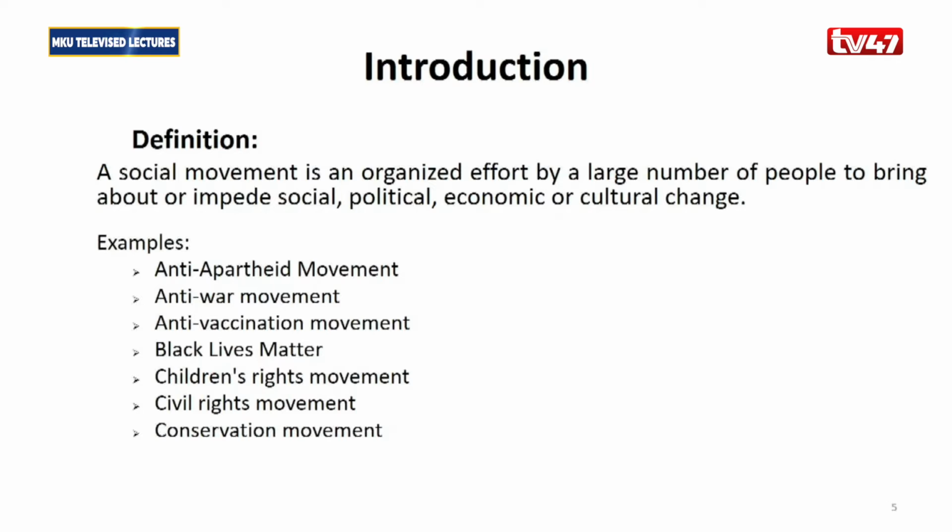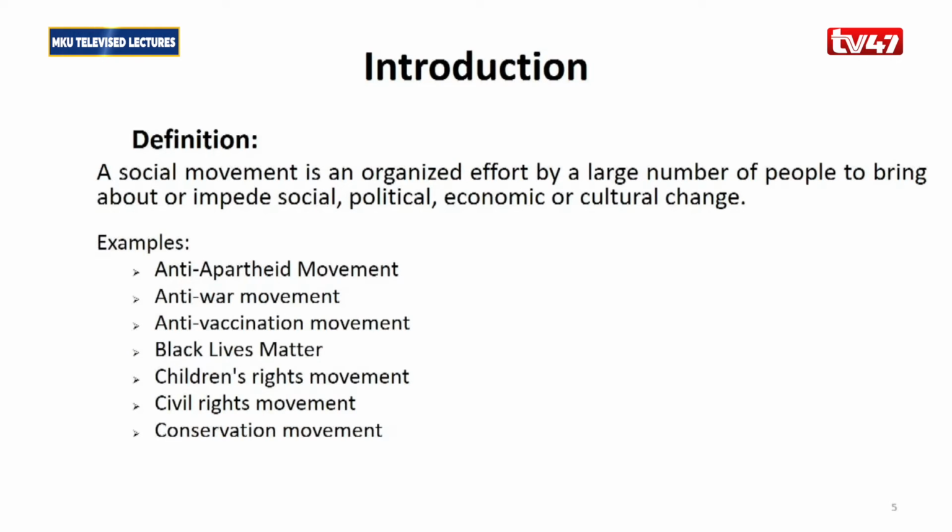Examples of social movements that we may be well conversant with are the apartheid movement. We also have the anti-war movement, especially in war-torn countries, where citizens gather together and organize a demonstration to express their dissatisfaction with a war happening in their country.